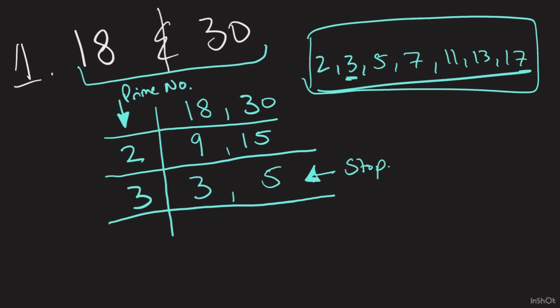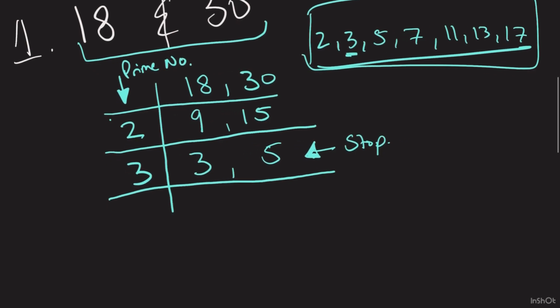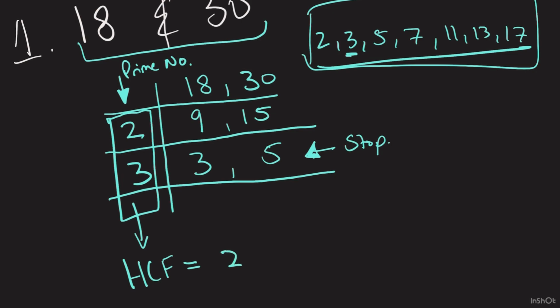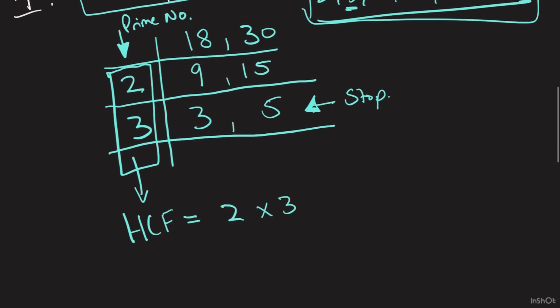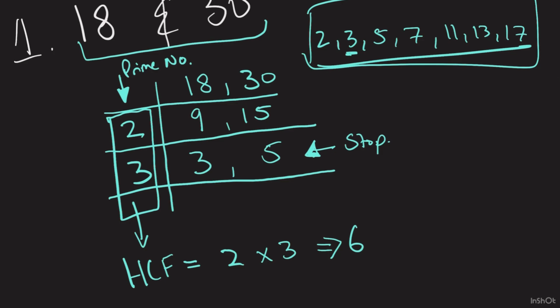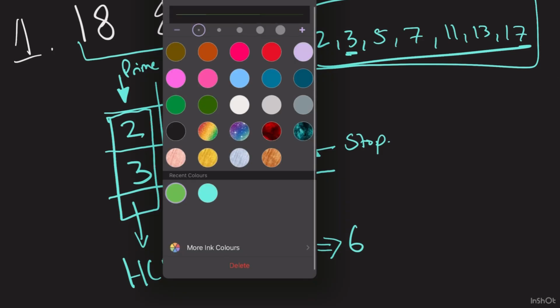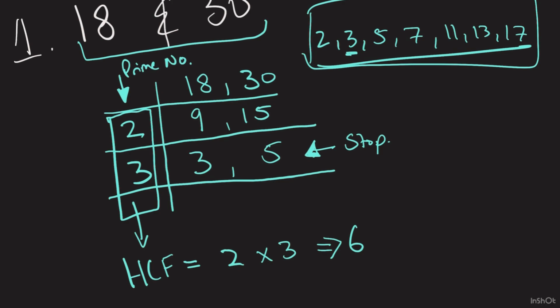So how can we use this method to work out the highest common factor and the lowest common multiple? All the numbers on this side, if you times them all together, will get you the highest common factor. So highest common factor equals 2 times 3, which equals 6. Lowest common multiple, let me use a different color, would be all the numbers in this shape.